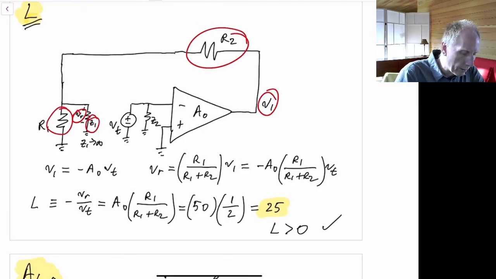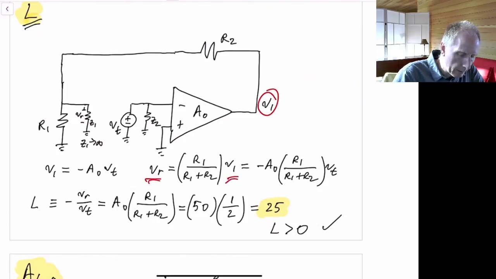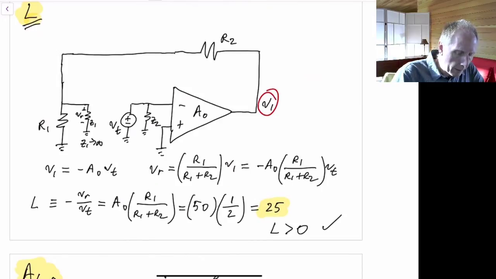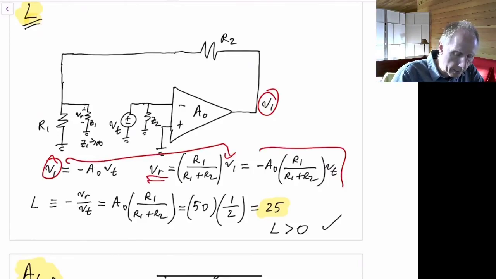So it's really just a resistor divider network between R2 and R1. So we have that V sub R will be V1 times the resistor divider network of R1 divided by R1 plus R2. So if we make the substitution of V1 into here, we see that VR can also be written as this.